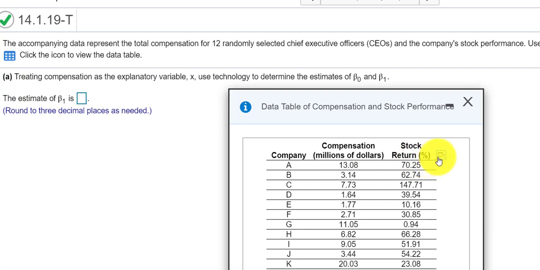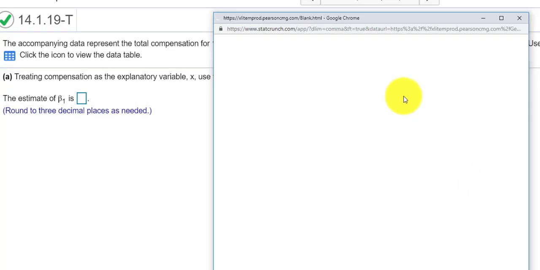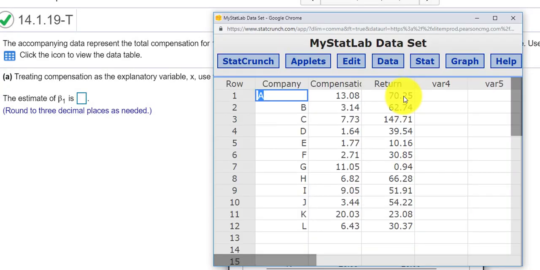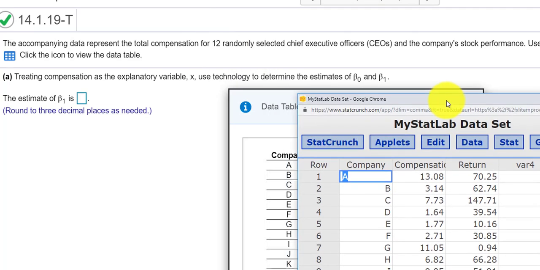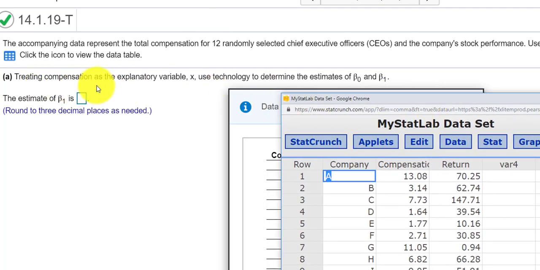If I click this table here, I can copy the table or open in StatCrunch. I'll open in StatCrunch. And here's my data. We need compensation as the explanatory variable, X. So the return would be Y, and we need to figure out beta naught and beta 1.